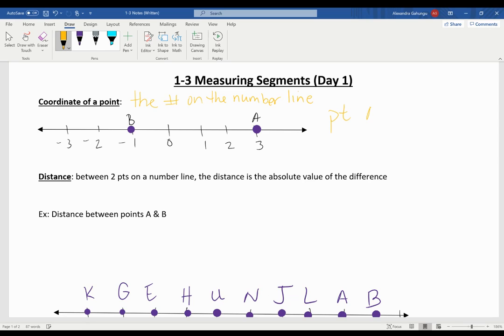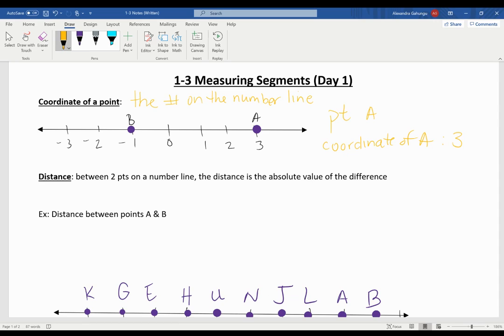So the coordinate of point A is 3. The coordinate of point B is -1.